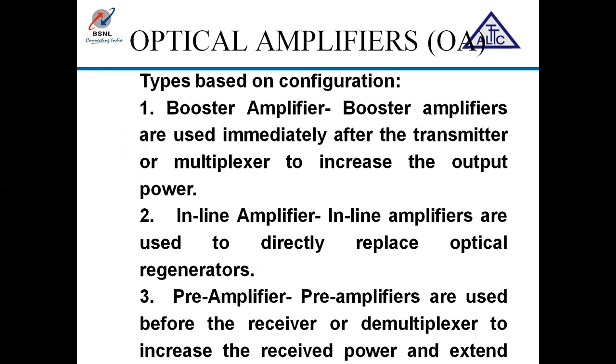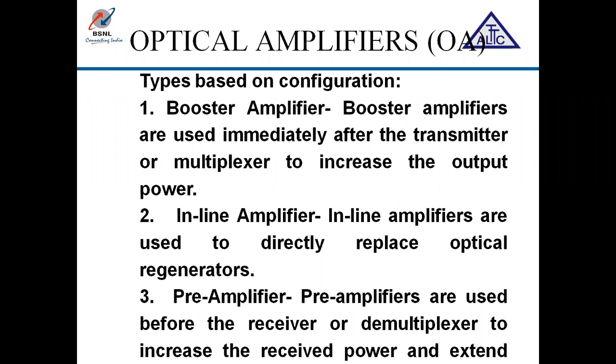Types of amplifiers which we are using in DWDM system, as I have explained earlier. Booster amplifier, which is used just after the multiplexer. Line amplifier, which is used at the point of repeater, OLA, optical line amplifier. Then pre-amplifier, just used before the demultiplexer.